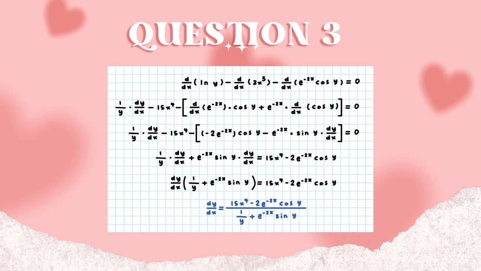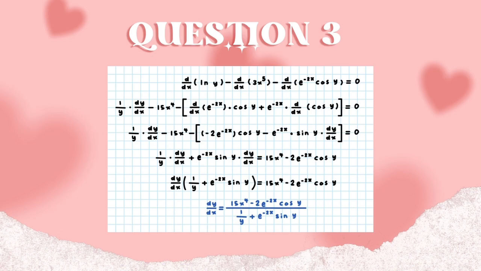Then the third term, which is negative e to the power of negative 2x cos y. This term is a product of two functions, e to the power of negative 2x and cos y.